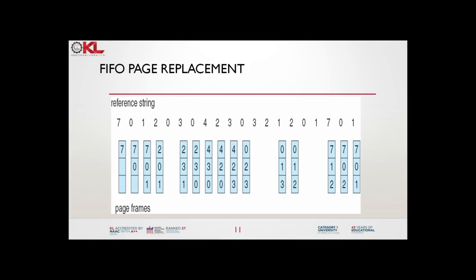This moment we are not going to swap in anything, which means this is a page hit. That's the reason it stays as it is: 2 stays 2, 0 stays 0, 1 stays 1. So this is a page hit, not a page fault. Very good. Next, go to another page called 3.